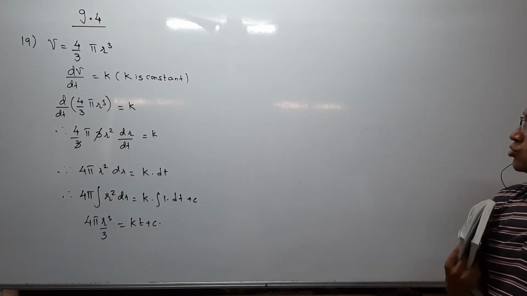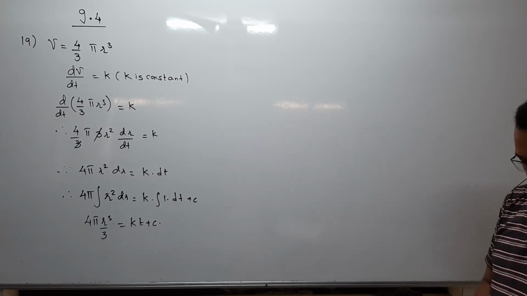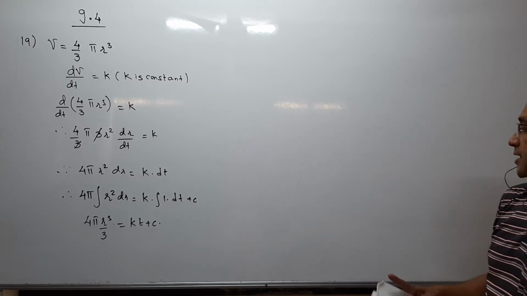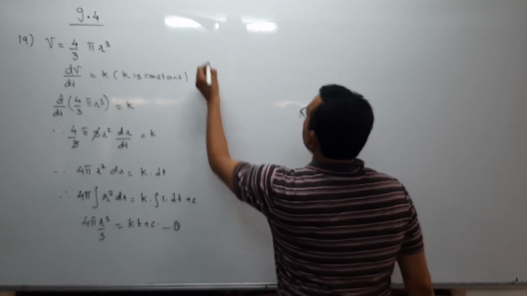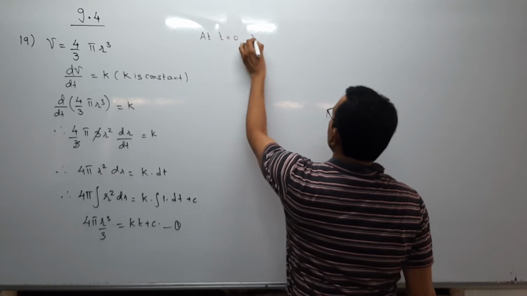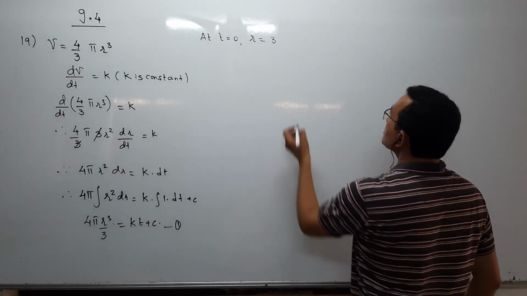Now, students, the next point, what is given? If initially its radius is 3 units, at time t is equal to 0, r is equal to 3 units.